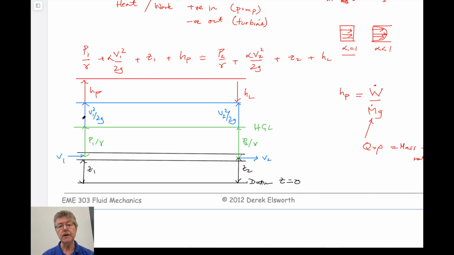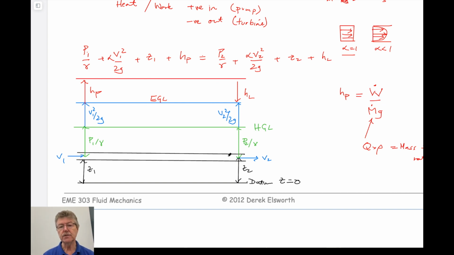So this is Bernoulli. We know if the pipe is constant section, then by definition, these velocity terms have to be exactly the same, right? And as a result would be the same height on this. This is the upstream and downstream pressure. So in a Bernoulli system, where this is the energy grade line, EGL, hydraulic grade line is just the sum of elevation and pressure heads, just by definition.